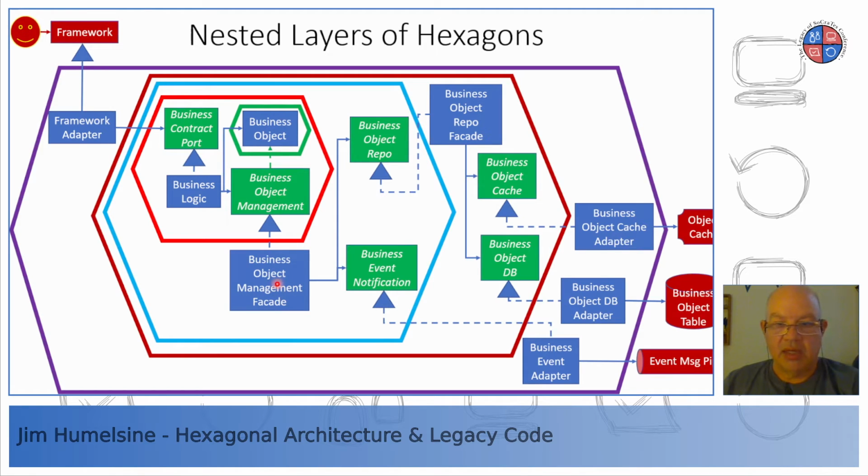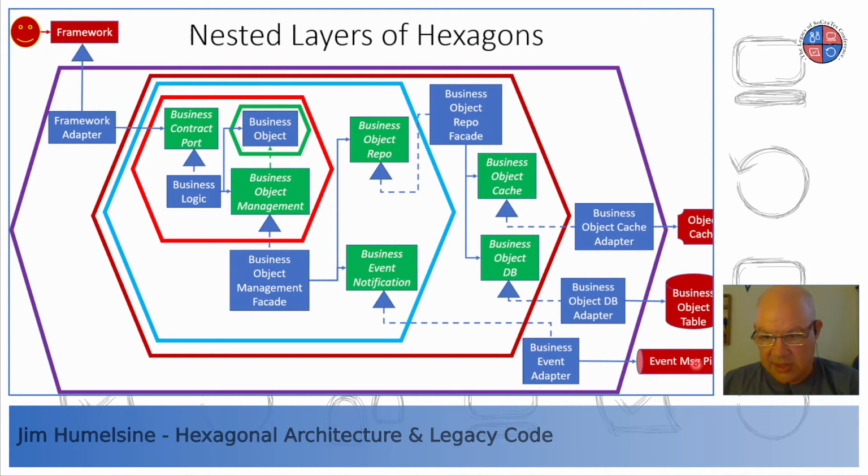That's going to then go through the repository, which will send it out to the business object to persist and possibly cache it so we can get it faster if the user wants to pull it back again. And also send out a business event notification, which would then go to some adapter that would create the actual event and put it on a pipeline such as Kafka to go out to the rest of the system.